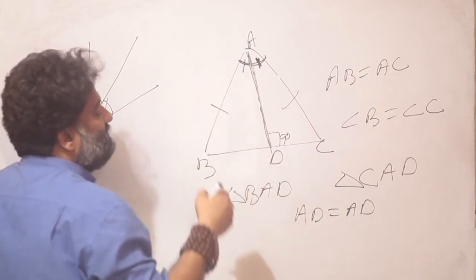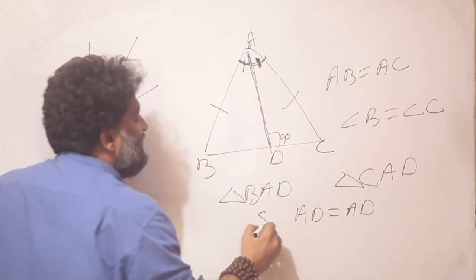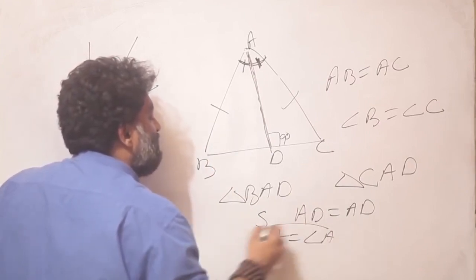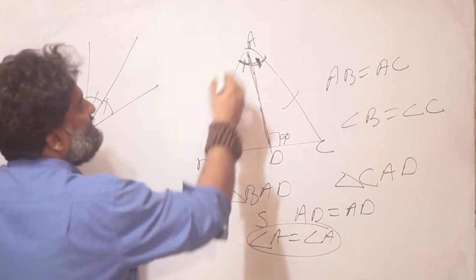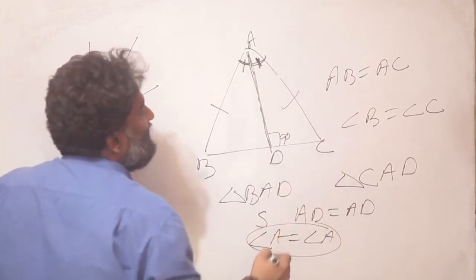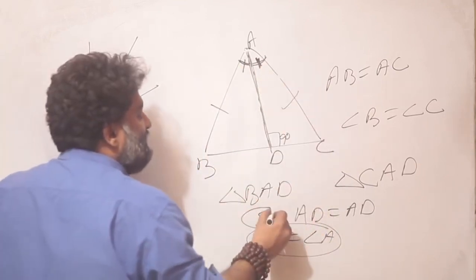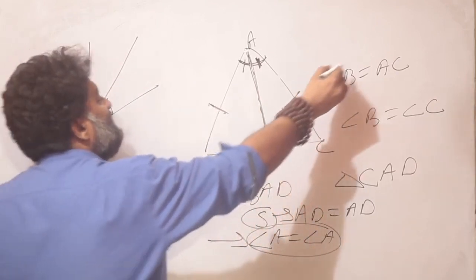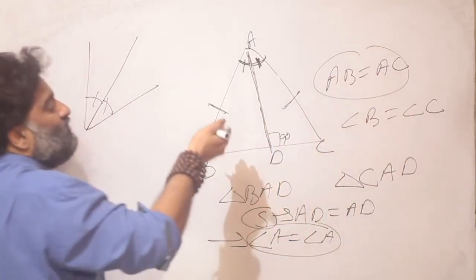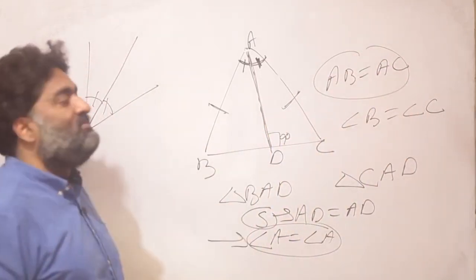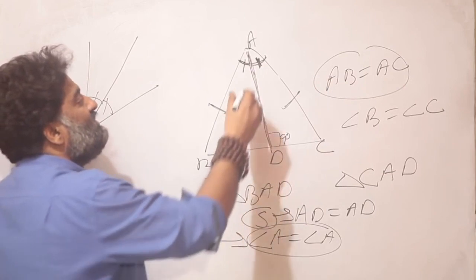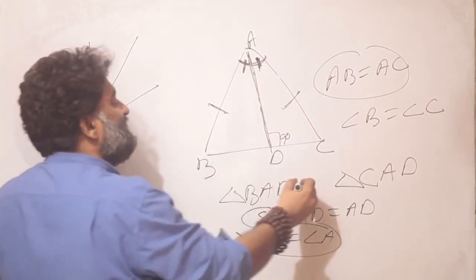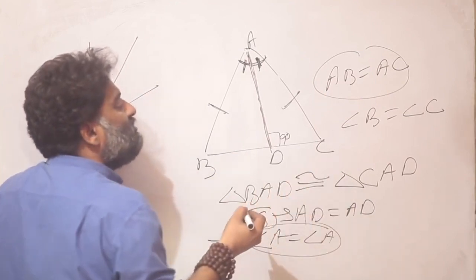So I see that one side is equal. The included angle is also equal, whatever the name of the angle is. This is BAD, this is DAC, these two angles are equal. I am looking at the side being equal, the angle being equal, and again it is given to me that the side is equal. So if I look at this isosceles triangle problem, I have two sides as equal and the included angle as equal. That means once again these two triangles are going to be congruent to each other.